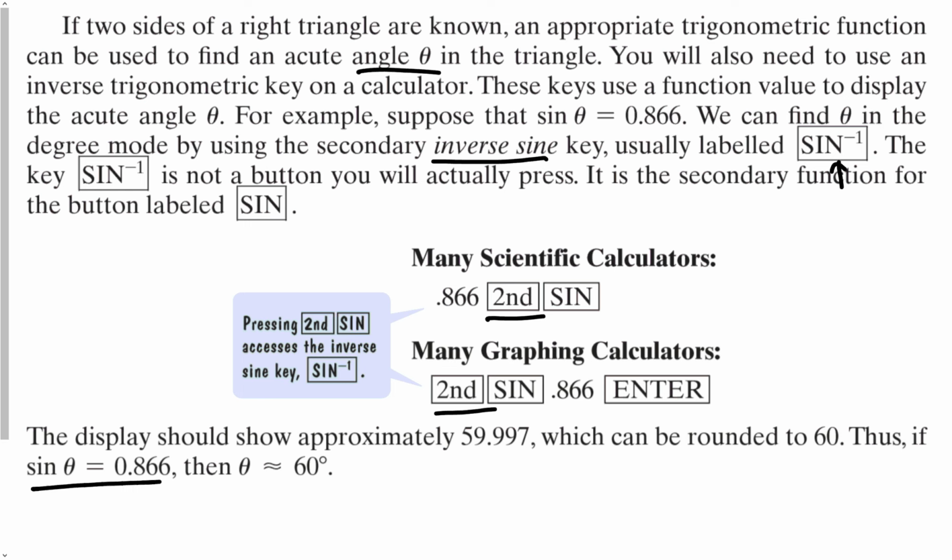And if you do it right, you should get something like this. So if you wanted to do the inverse sine of 0.866, you should get about 60 degrees. Let's try it. If you get around this, you get 59.997.